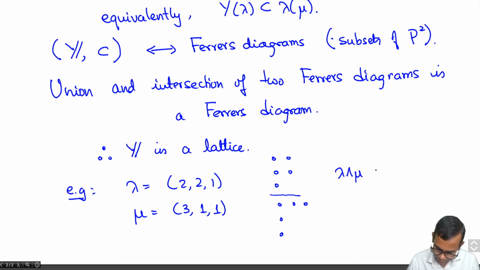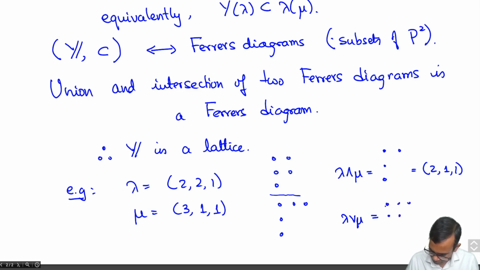This will have Ferrers diagram just these 4 dots, which is the partition 2, 1, 1, and that's just the same as taking the minima of the parts of lambda and the parts of mu. And lambda join mu is going to be the union of these Ferrers diagrams, and that's 3, 2, 1.